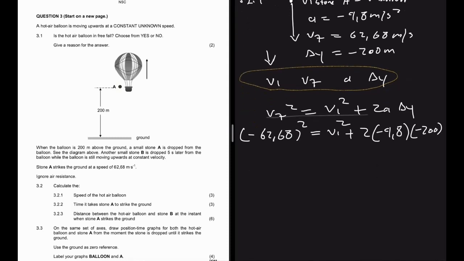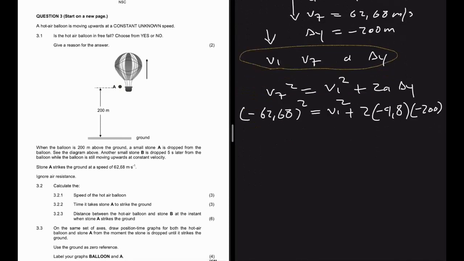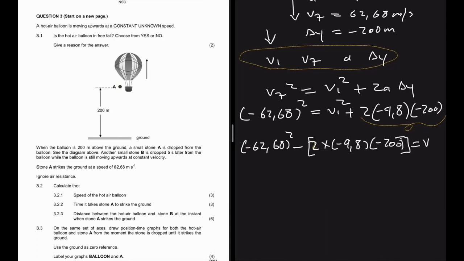So what we're going to do is make VI squared the subject of the formula. So we are going to have minus 62.68 squared minus this whole expression here, which is 2 multiplied by minus 9.8 multiplied by minus 200. Everything is equal to VI squared.